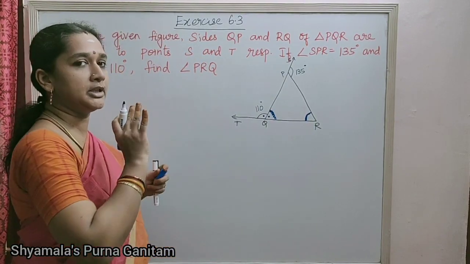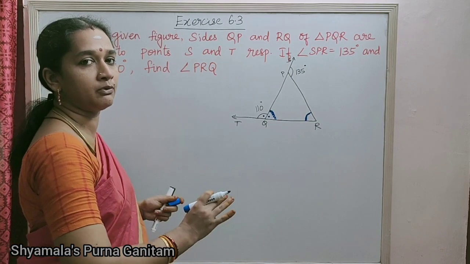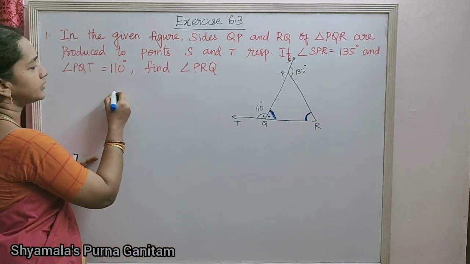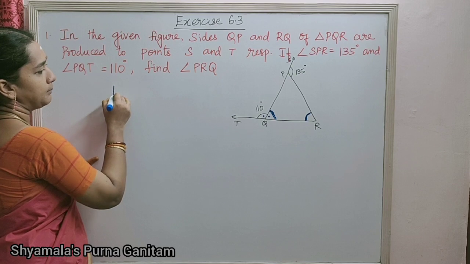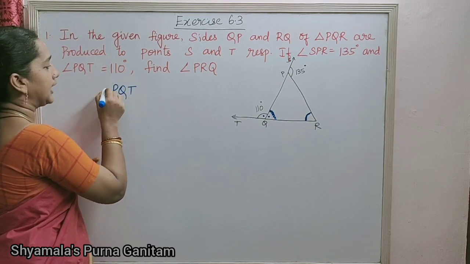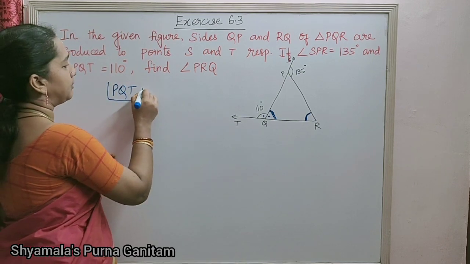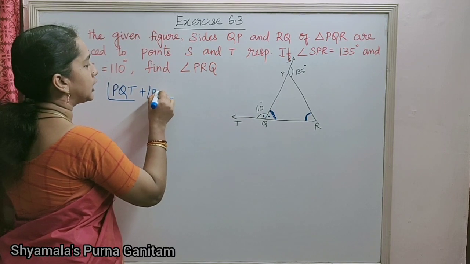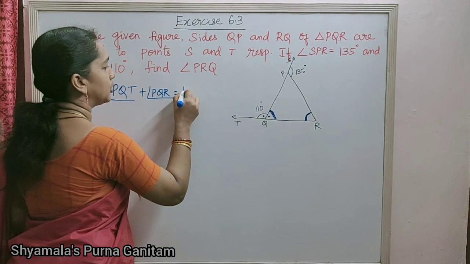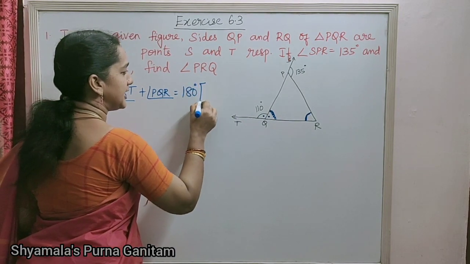So in the procedure, in a formal way, we have to write. Okay, so angle PQT plus angle PQR is equal to 180 degrees, linear pair.